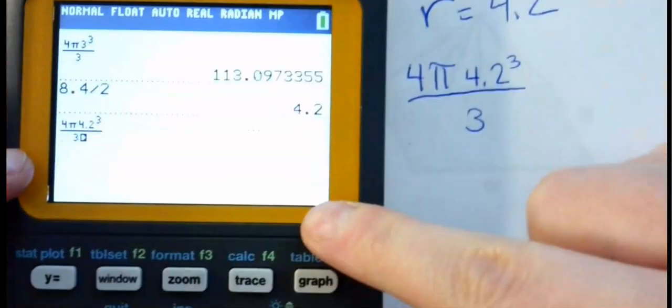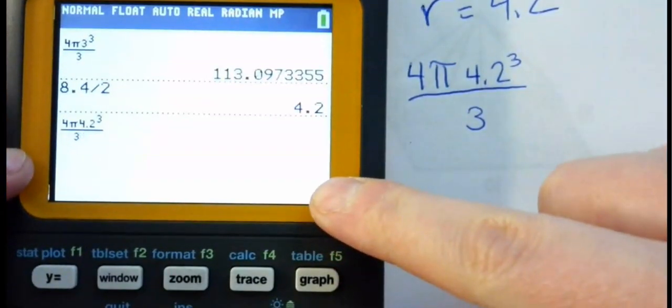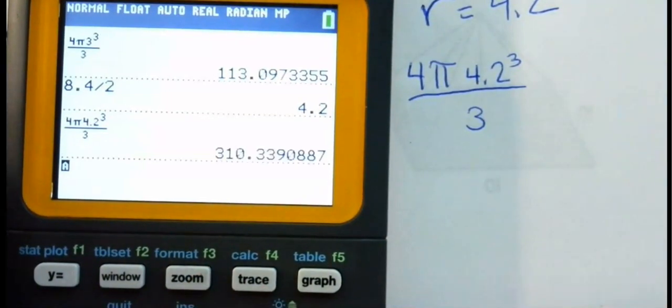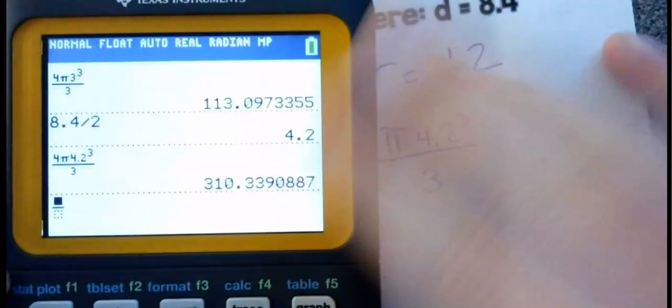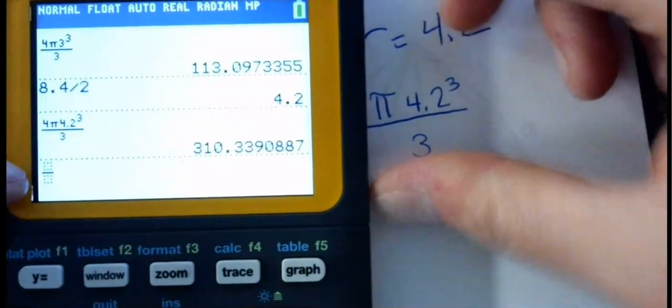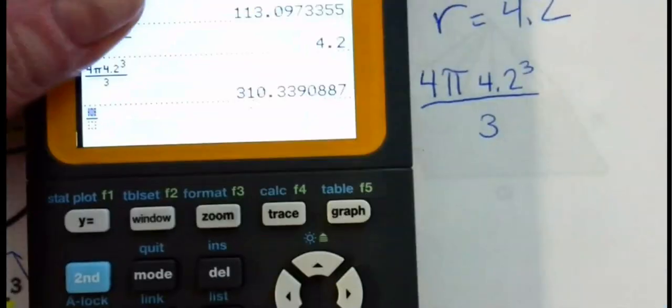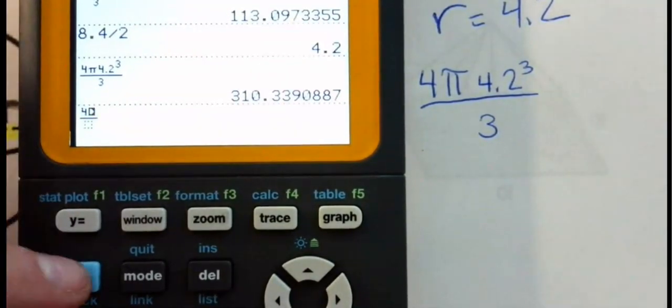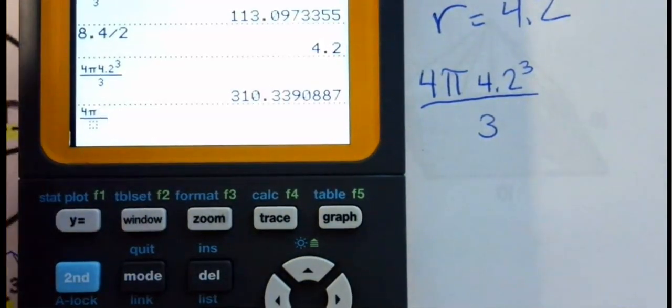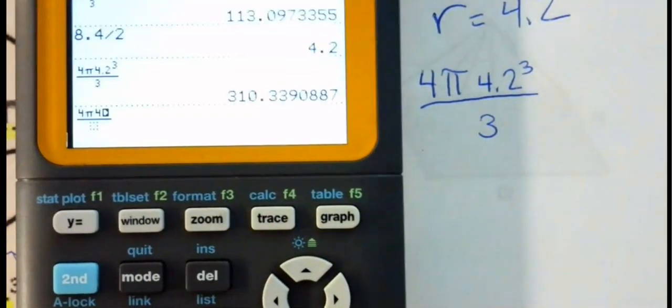All right, so how do I get the cubes? Let's make sure everybody is aware. So you start by doing this alpha and then the button next to it, and that's going to give you this. And then 4 times pi. All right, and then the 4.2, and now this is what's new.